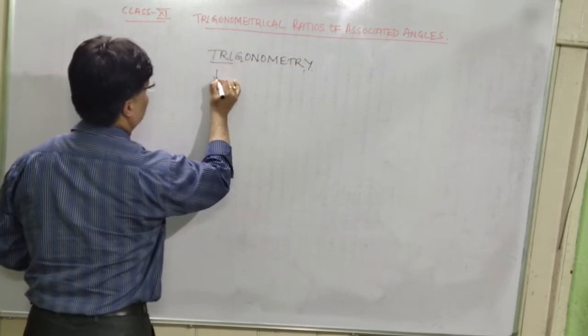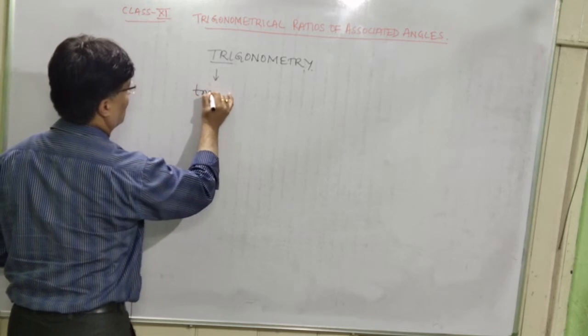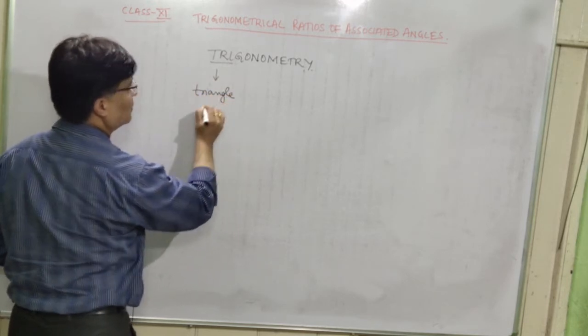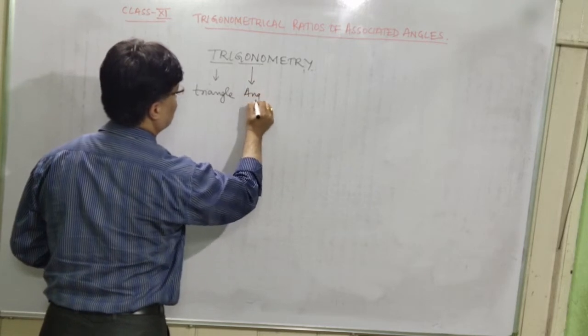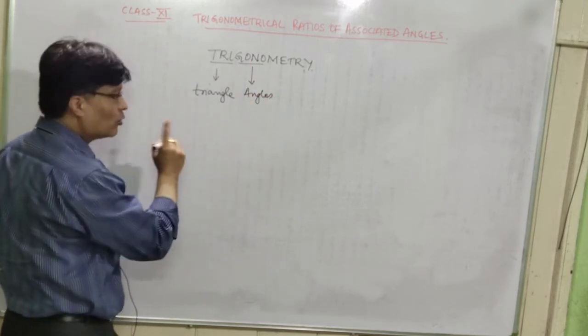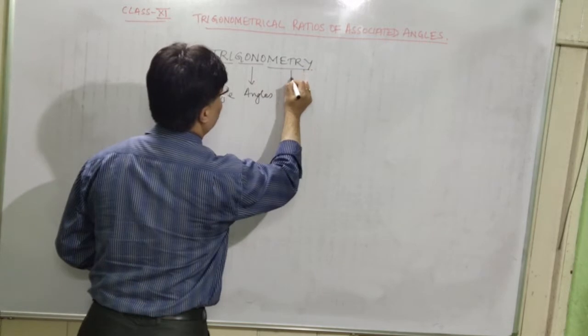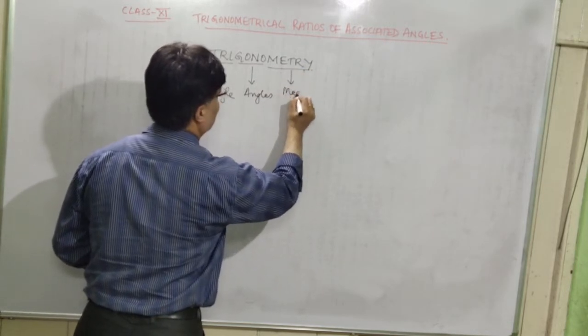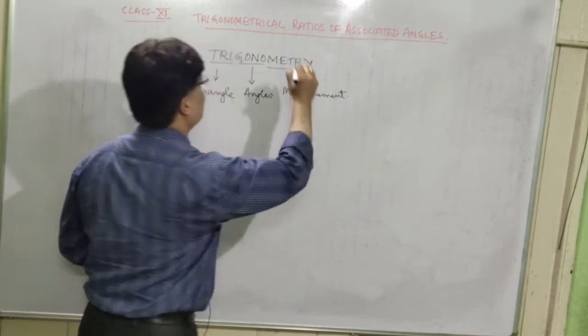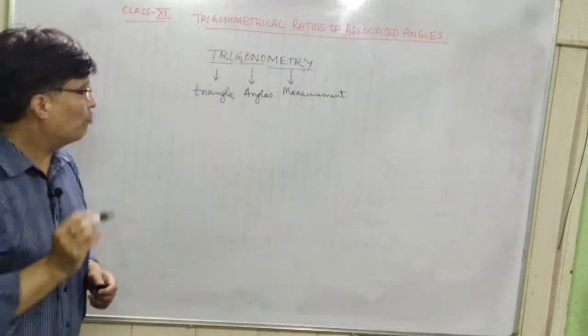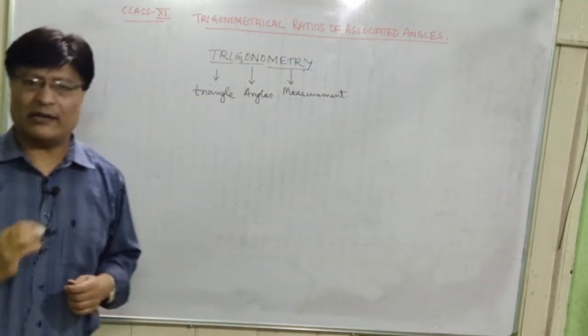Tri means triangle, gono means angles, you know that in class 10, and metry means measurement. That is, trigonometry means measurement of angles of a triangle.